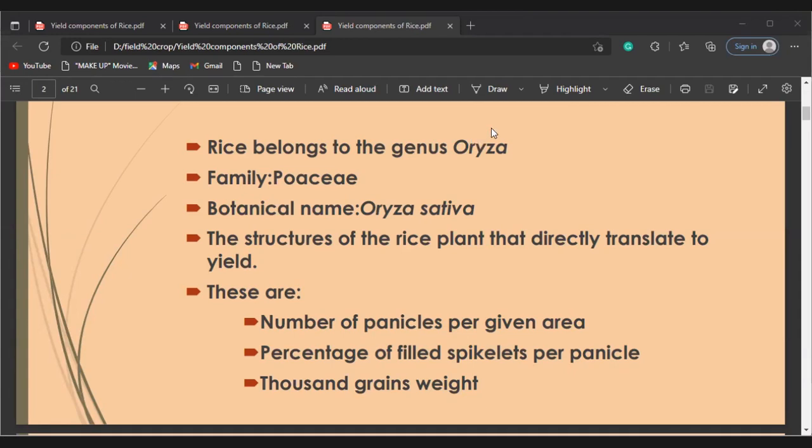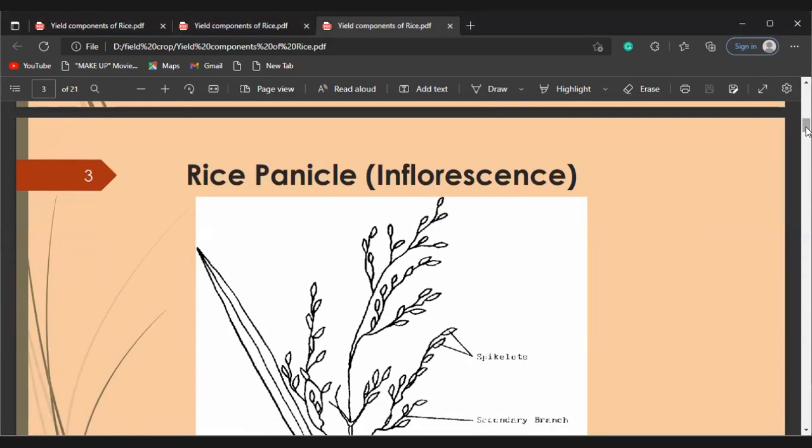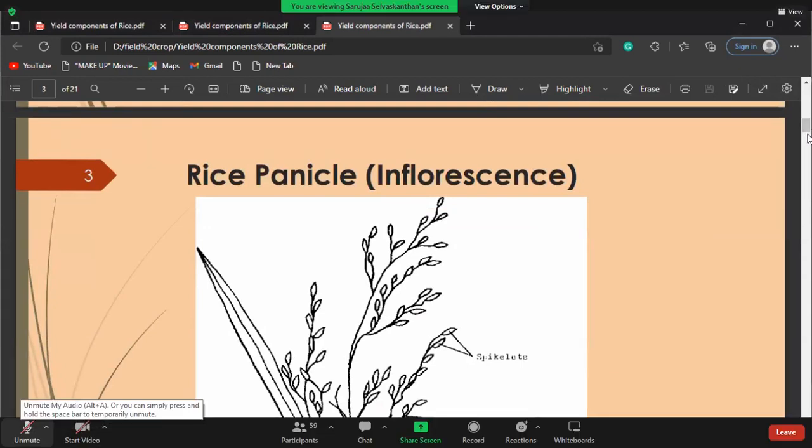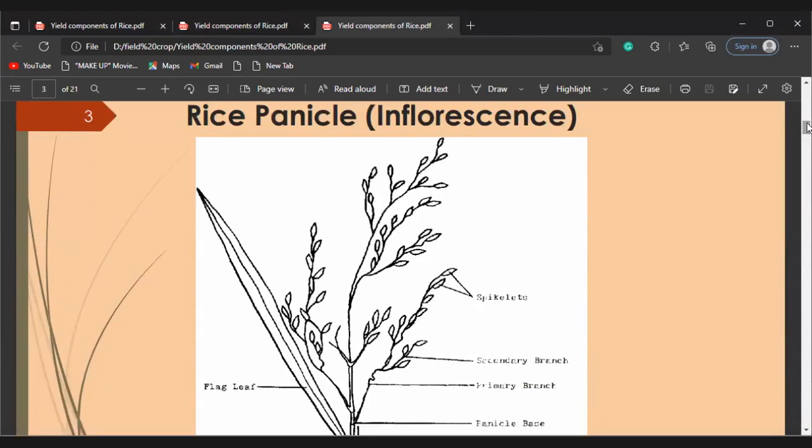Then what is this? Inflorescence. That's called panicle. Here you can see the flag leaf.